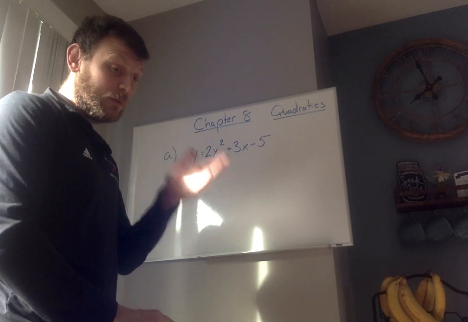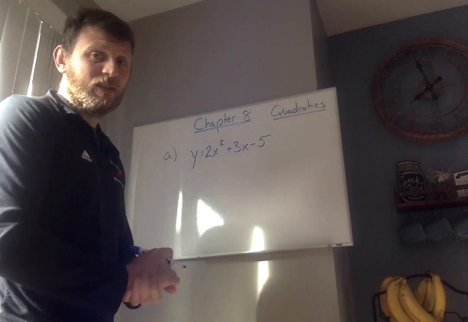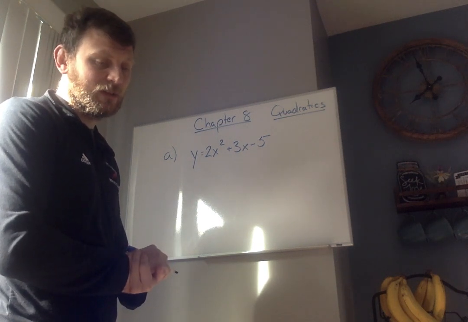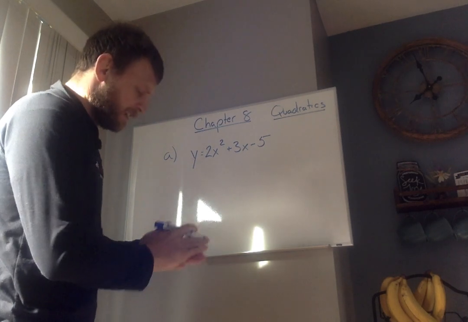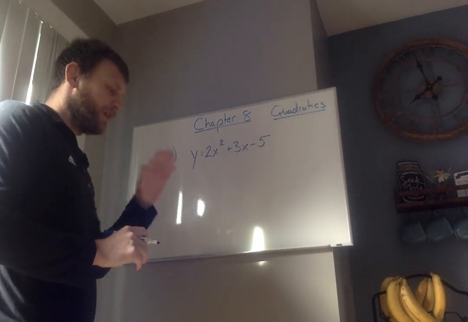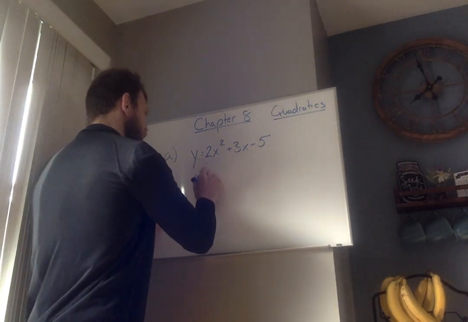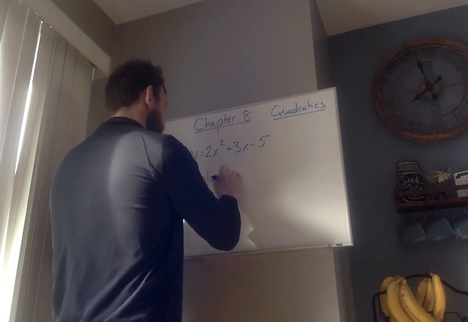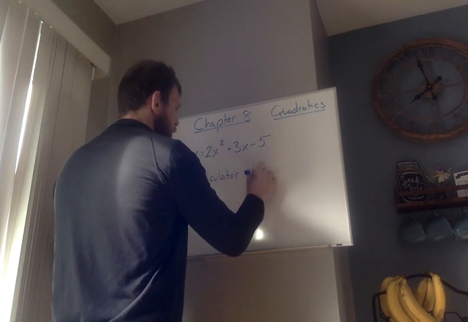Basically, with this, I would start with either using your calculator to graph it, or I would try to factor. Now, if you're going to graph it, you're going to go to y equals on your calculator. So I'll try to write these down for you.